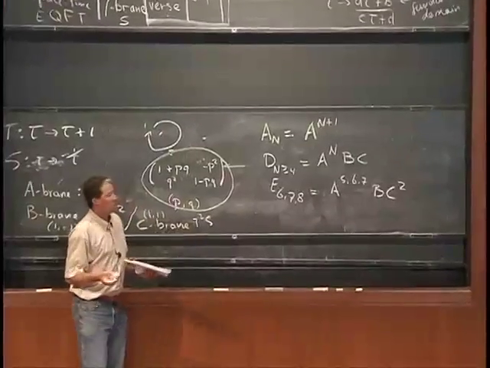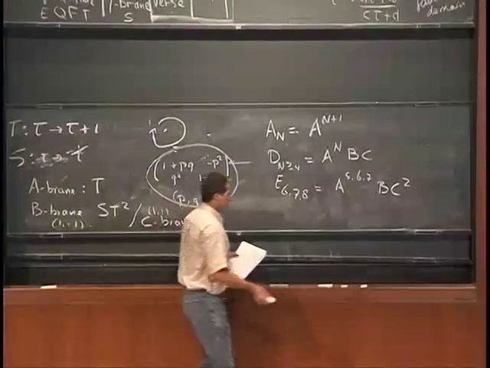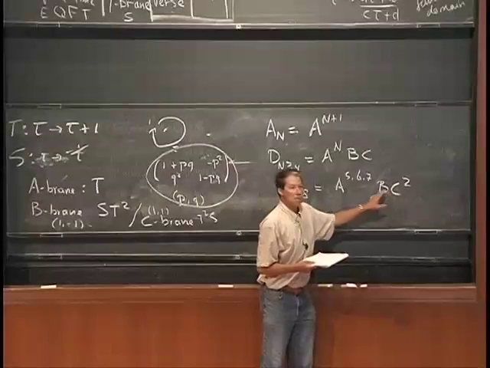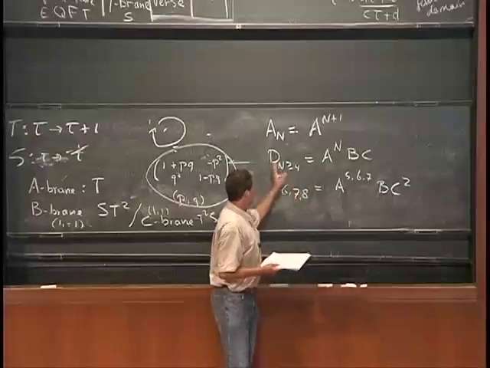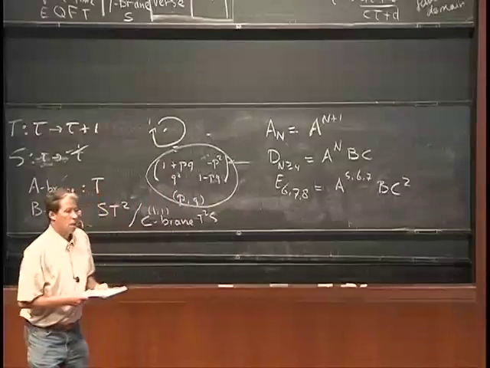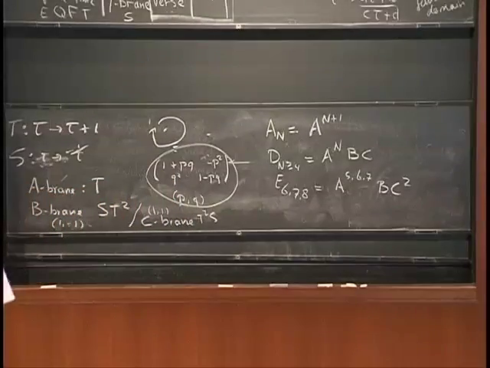I'm not sure what exactly one would learn from this, but this tells you what kinds of branes you would need. You would need these B and C branes to build the Lie algebras that are not the classical Lie algebras. Let me, okay, yes?